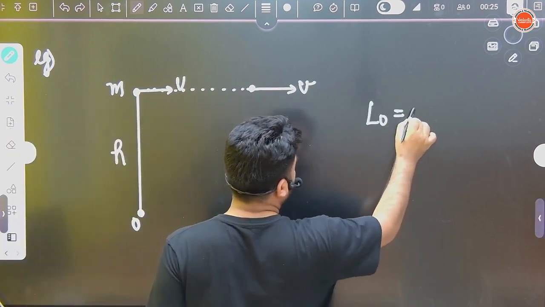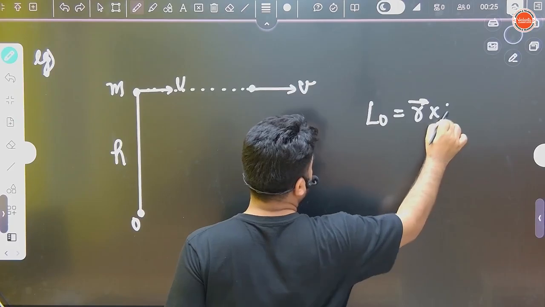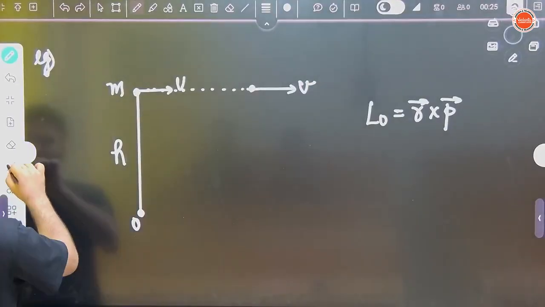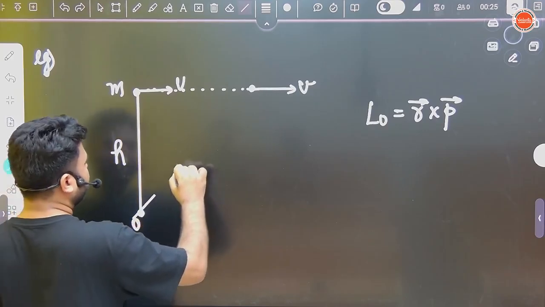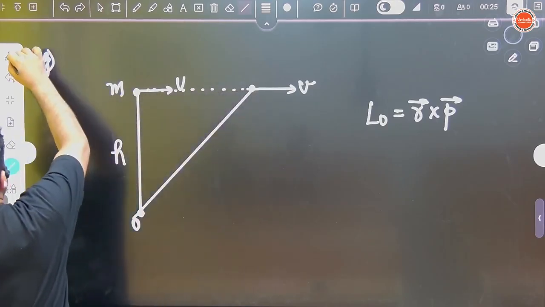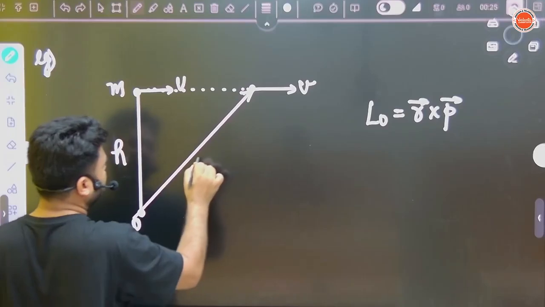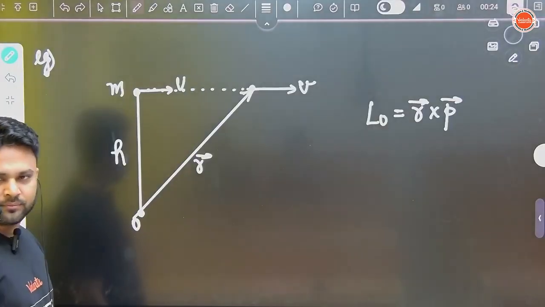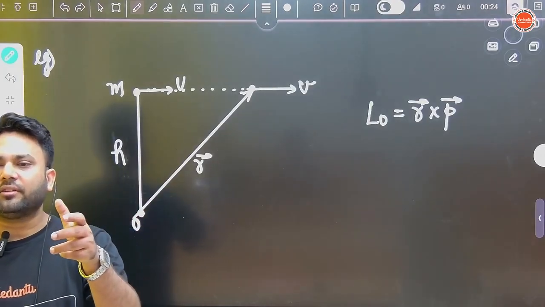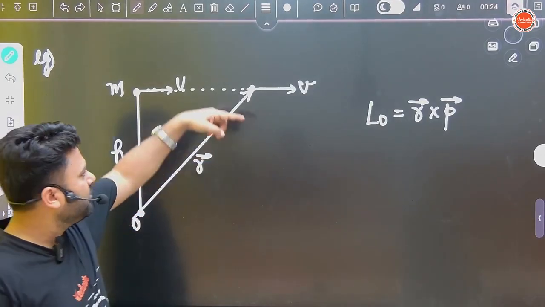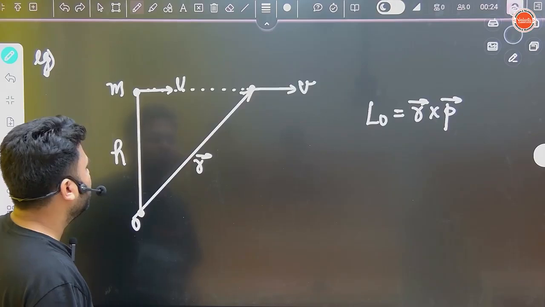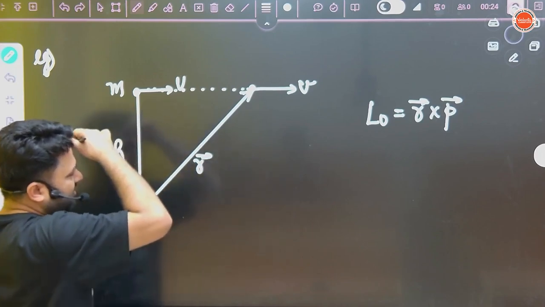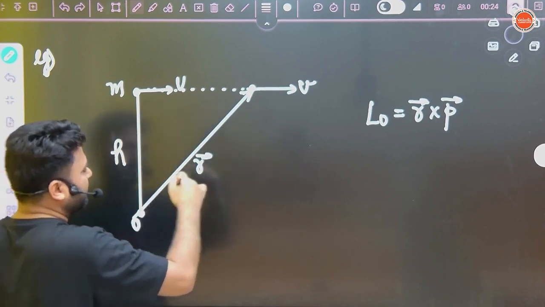So what can you write? Angular momentum is R cross P. This is the formula. R, as I said, is the vector from the center of rotation to the point where the object is. This is the R vector and this is the P vector. The direction of velocity is the direction of momentum. So what is the angle between them?